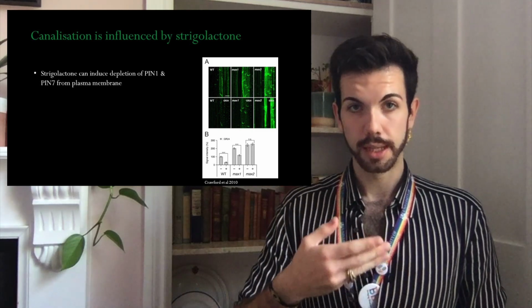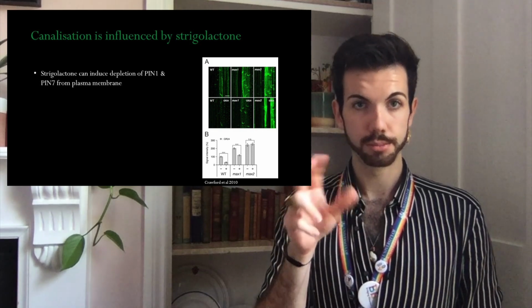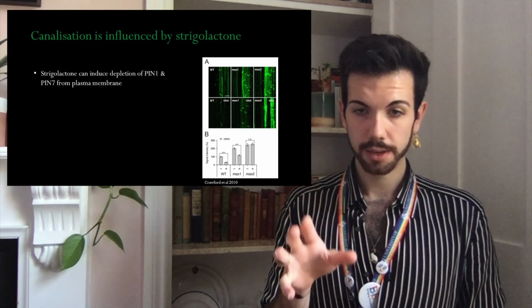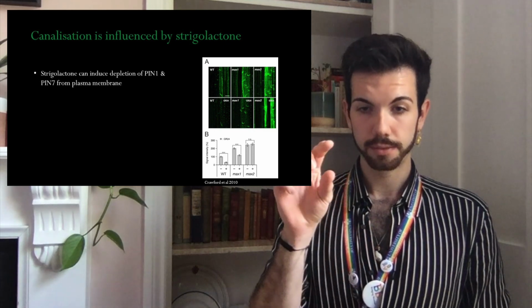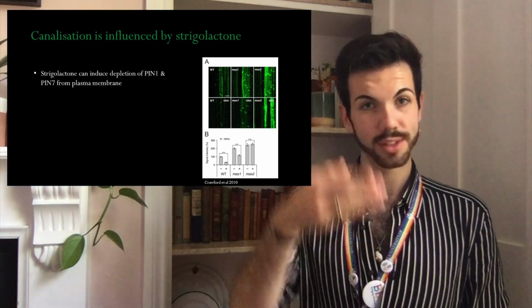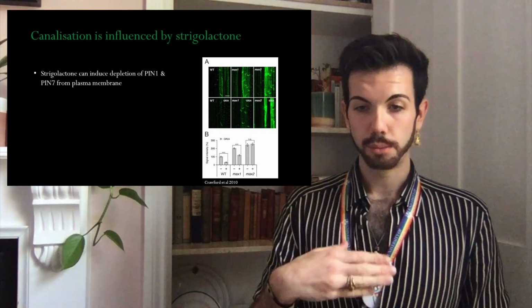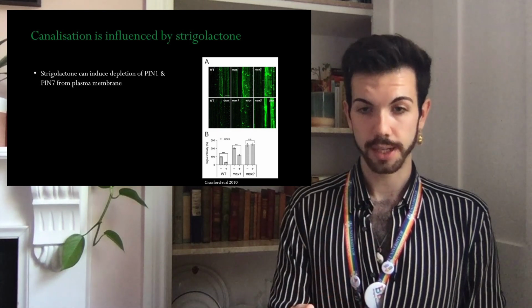If we're looking at panel A here, on the left-hand side, these are just sections through stems, again, expressing PIN1 with a fluorescent protein tag. On the far left of that panel A, we have WT, which stands for wild type, and the top one is a control, so that's just been sectioned. The one below that has been treated with GR24, which is that synthetic strigolactone.